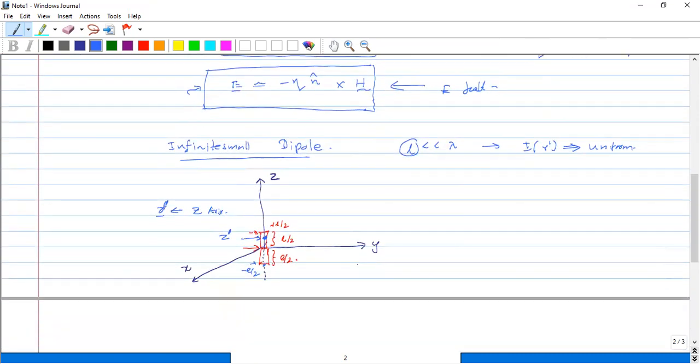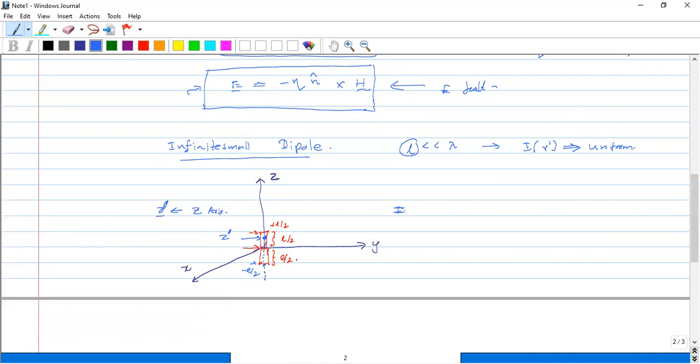Now, the current distribution I of R dash is uniform. That means the current does not change along this line. So let's say that current is I. And you know that current has a direction.